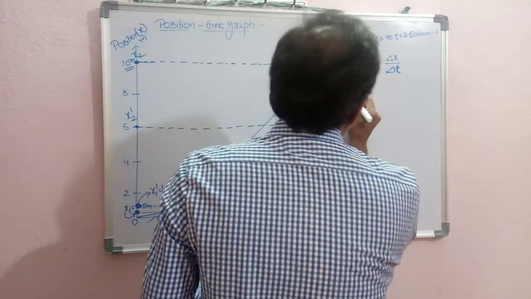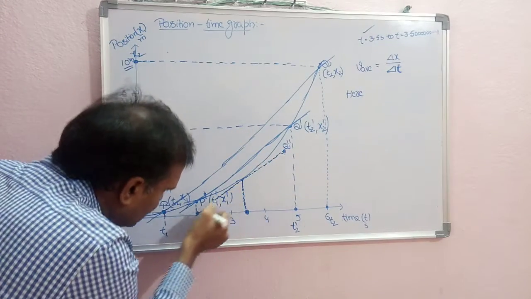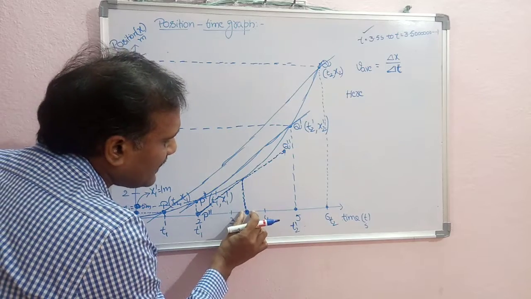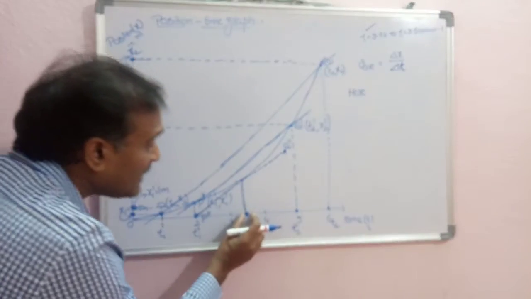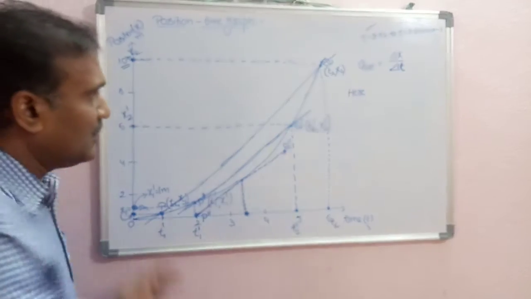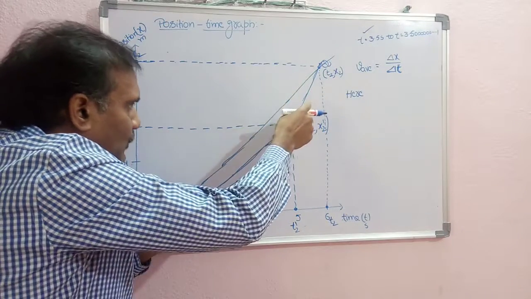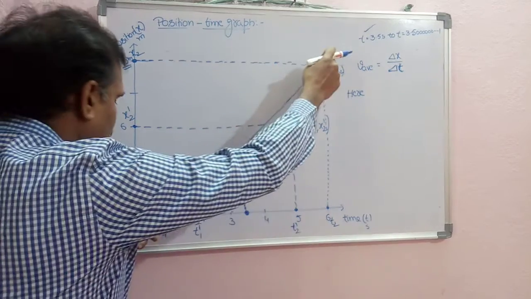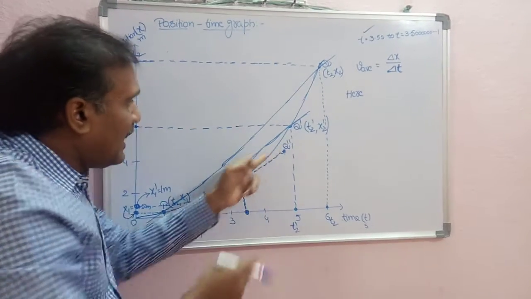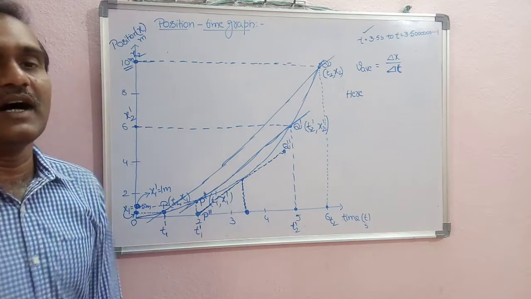Now here, with respect to this line, we assume that the time interval is decreased. The time interval is almost equal to 0. If you decrease the time interval, what happens to these 2 points? These 2 points P and Q approach each other, and this straight line becomes the tangent to this curved path.